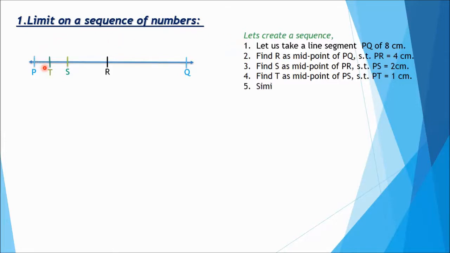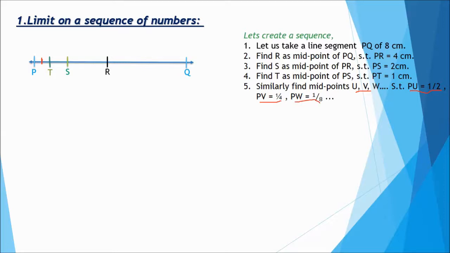Now step 5, similarly we can find the midpoint of PT also. You can see this is the midpoint of PT. Similarly, find the midpoints U, V and W such that PU is equal to 1 by 2, PV is equal to 1 by 4, PW is equal to 1 by 8.